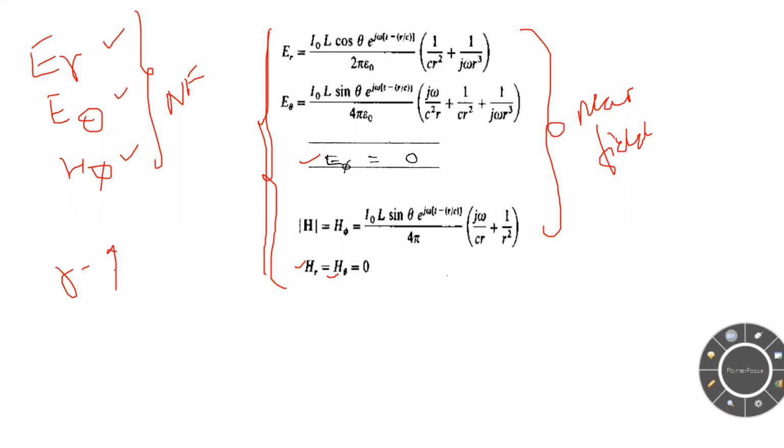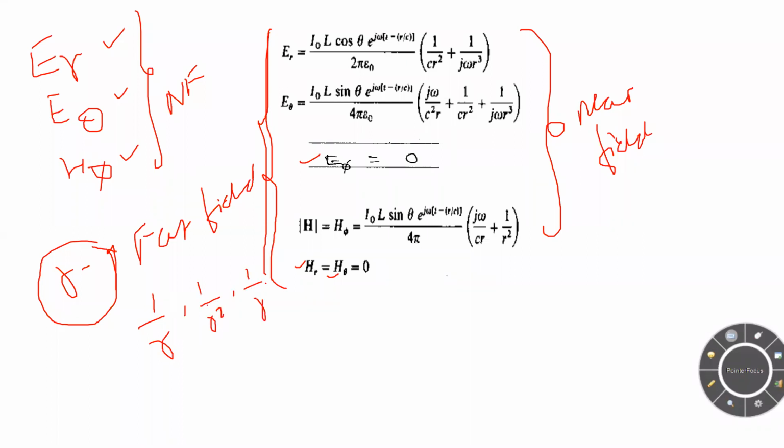When the distance increases and we consider that this point is in the far field, we can observe that we have components associated with 1 by r, 1 by r square, and 1 by r cube. So three parameters we can observe. Here you have 1 by r square, here 1 by r cube, here 1 by r.